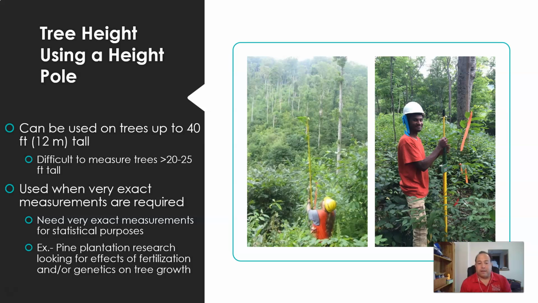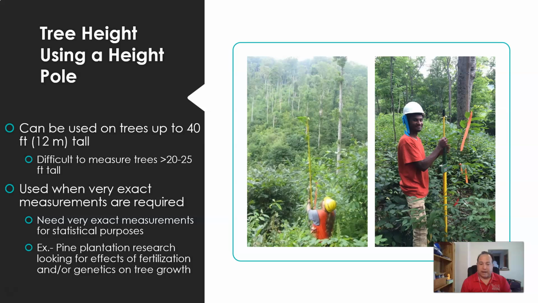If you have something like a pine plantation and you're doing research, you've got all these trees that are supposed to be exactly the same and grow up the same way because it's artificial regeneration and you bought the same seedling over and over again. We want to figure out which ones are maybe different in terms of genetics, or you want to try different fertilizers on that area, or maybe you burn one part of the area but not the other.